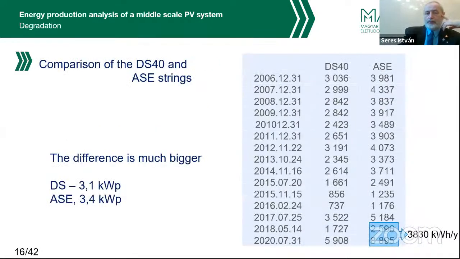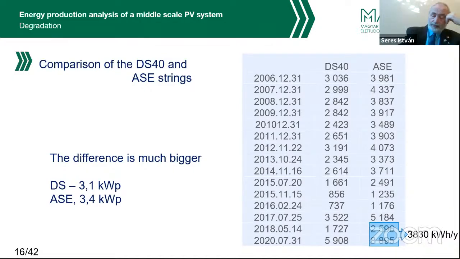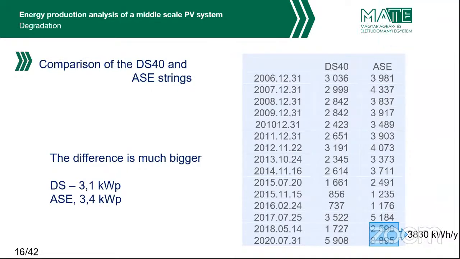The other, perhaps more interesting, comparison is between the polycrystalline technology and the amorphous silicon technology. Here the difference is bigger than in the case of the two Dunasolar rows, but the polycrystalline technology subsystem has bigger nominal power, so it is normal that it produces more energy.